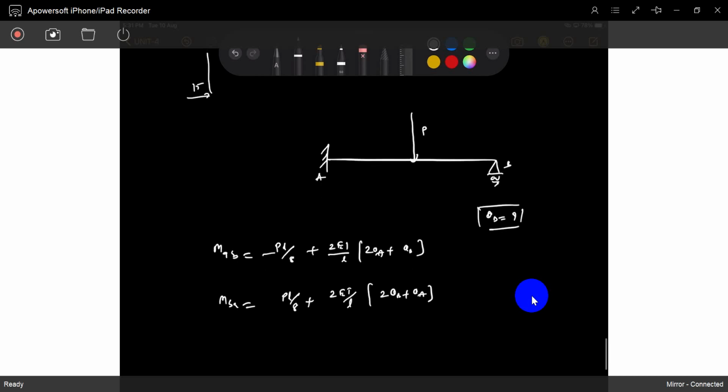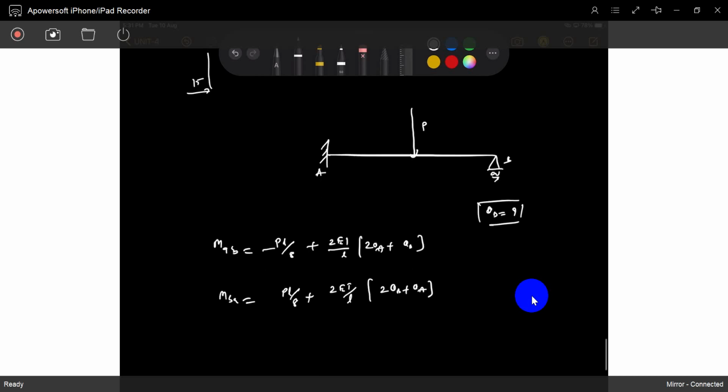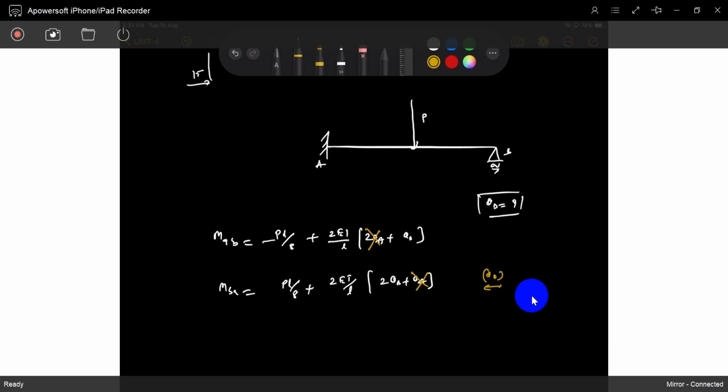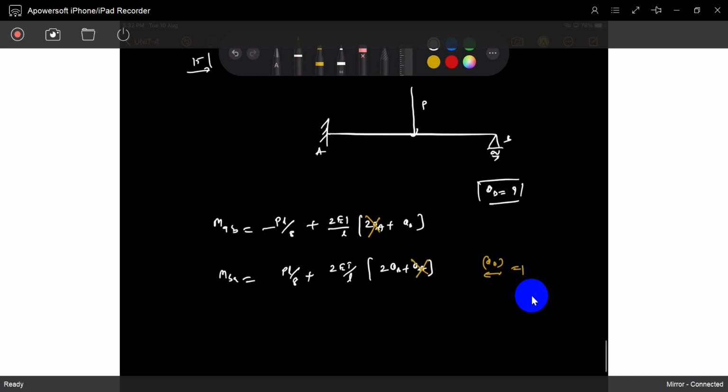That's it. You already know theta A is 0. Cancel. Only theta B is there. So this is only one unknown, and we get one equation. What is that equation, sir? The equilibrium equation. MBA is 0 because it has a hinge joint.